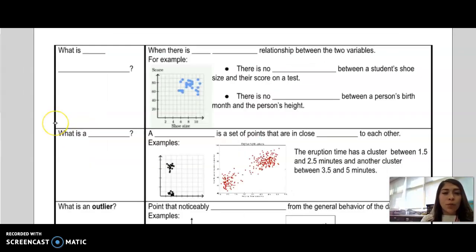We're going to talk about a few more associations. The next one that we're going to talk about is when there is no association.